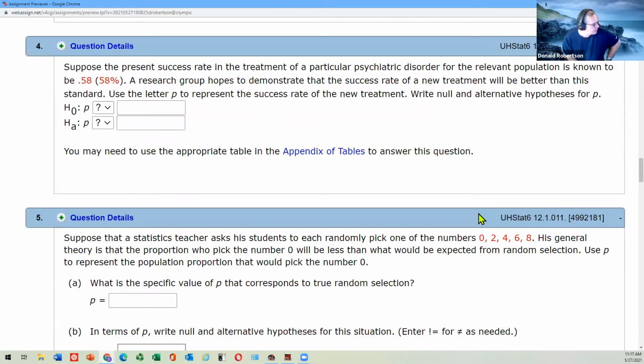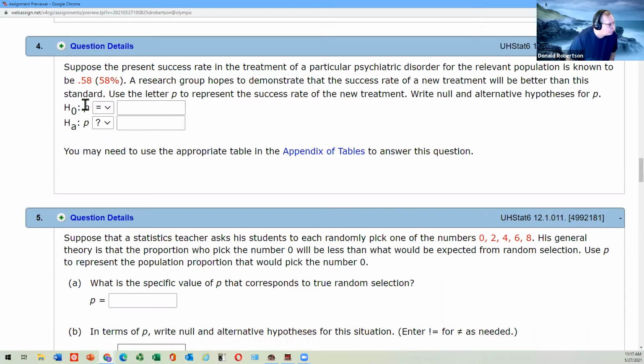Okay, question 4. Suppose that the present rate of success in a treatment of a particular psychiatric disorder is known to be 58%, right? 0.58. A research group hopes to demonstrate that the success rate of a new treatment is better than that. So we want to set up the null and alternate hypothesis based on this story. So it's always equal.